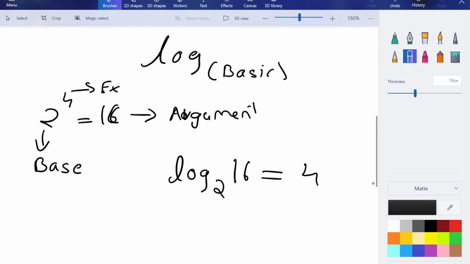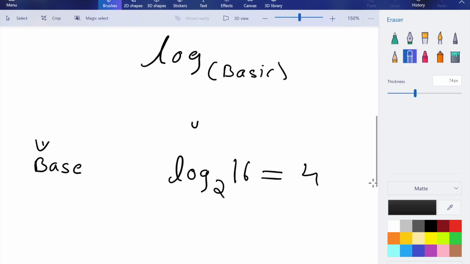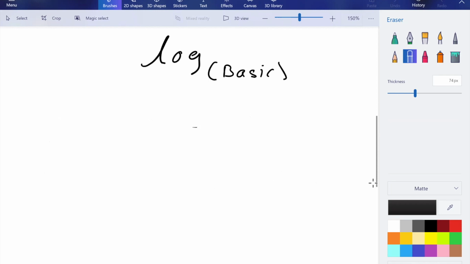Now let's look at some limitations of log. What defines log? Let's take log of n to the base a. What tells us that this is a proper logarithmic function?